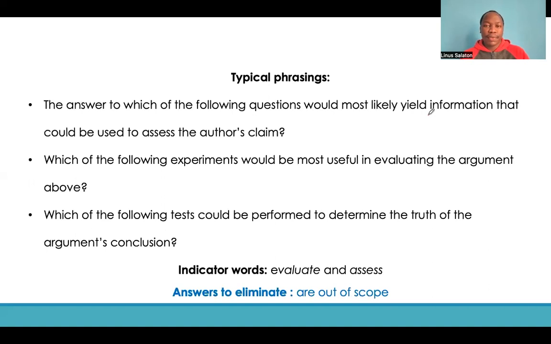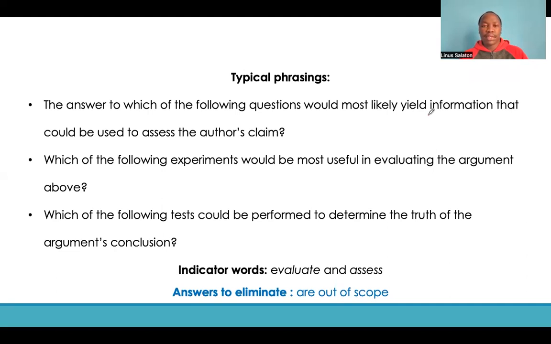Typical phrasings for this question type are like, the answer to each of the following questions will most likely yield information that could be used to assess the author's claim. Which of the following experiments would be most useful in evaluating the argument above? Or which of the following tests could be performed to determine the truth of the argument's conclusion? Typical indicator words that would indicate that the question stem is an evaluate the argument question type are like evaluate, assess, right?